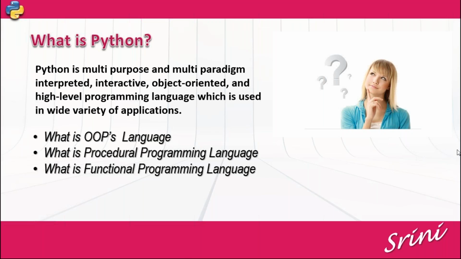R is a functional programming language. These functional programming languages support objects. In functional programming languages, everything is an object, no primitives. Primitives are not available in functional programming languages.